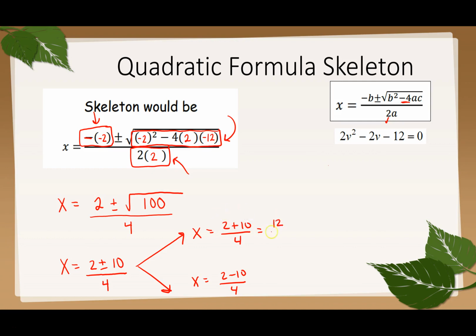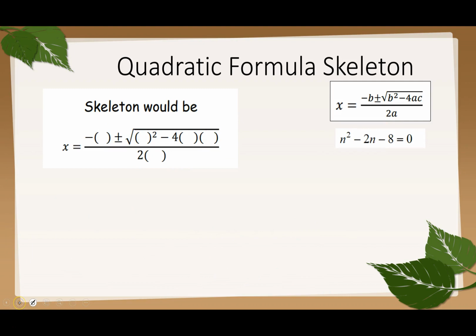So it's going to give us 12 divided by 4, which is a 3. 2 minus 10 is going to give me a -8 divided by 4, and that gives me a -2. So those are our 2 answers on this problem. If you do this in your calculator, you're going to need to make sure you put parentheses around the numerator, or else you're going to get the wrong answer. All right, we've done it. We've solved our first problem with the quadratic formula.